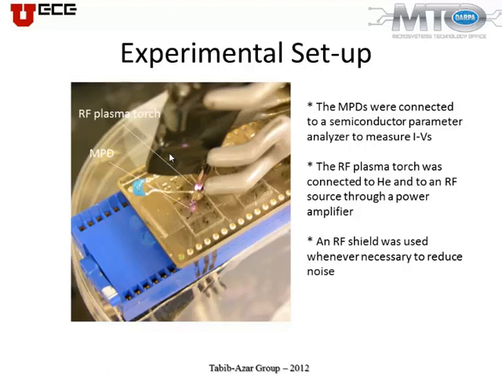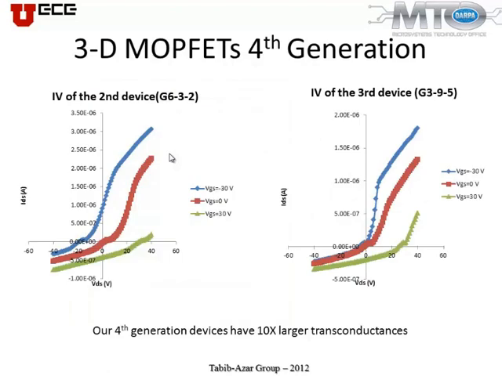So I'll go through the experimental setup. What I showed you is really good for circuits, but in order to optimize individual devices, we have these torches that individually we can use to excite, or produce, plasmas for particular devices, as shown in there.